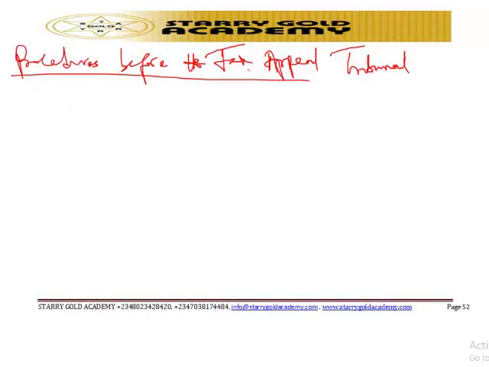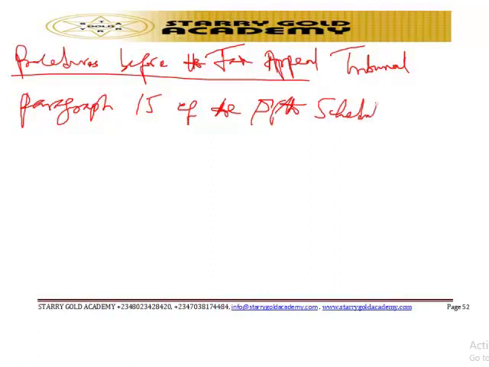So paragraph 15 of the 5th schedule to the Federal Inland Revenue Service Establishment Act lays down the fact that as often as may be necessary, the tax commissioners shall meet to hear appeals in the jurisdiction or zone assigned to that tribunal.